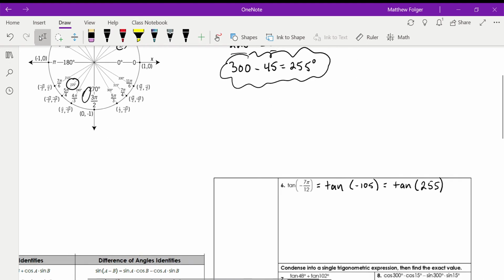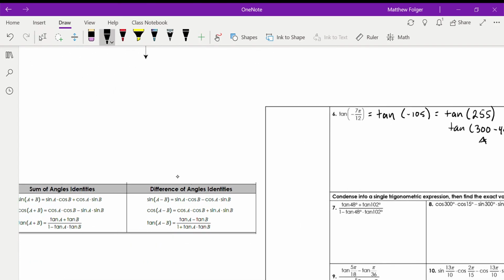So 300 minus 45. So basically we're finding the tangent of 300 minus 45, A and B. So tangent of A minus B, we want to find this formula, and that's right here.